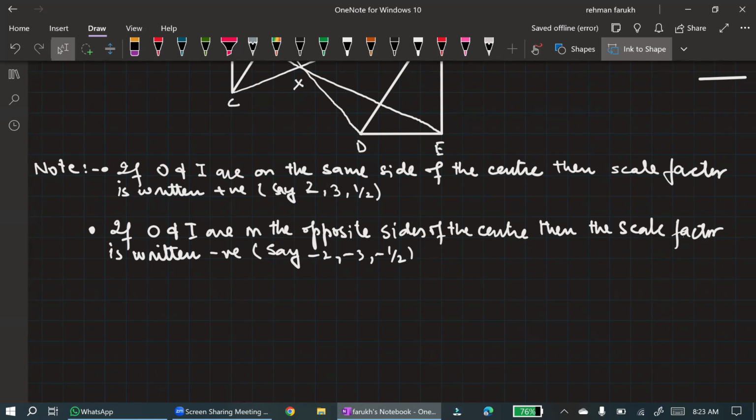Now, the next task is how to draw the image on plain paper when ABC is mapped onto DEF under an enlargement.